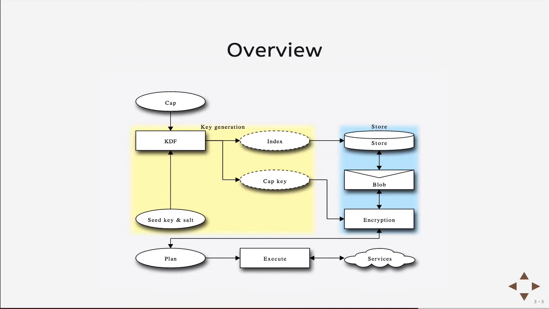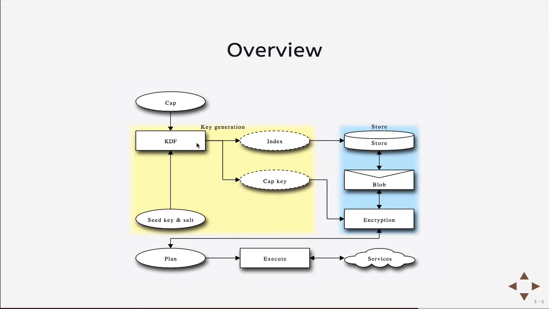So we have a capability URL, you get on that URL, and then it does something. For that, we're going to start here with the cap, and the first thing that happens is that it goes into the key derivation function, which is configured with a seed key. That's a secret key, which is part of the icecap installation, and a salt, which is not necessarily secret, but can be secret.